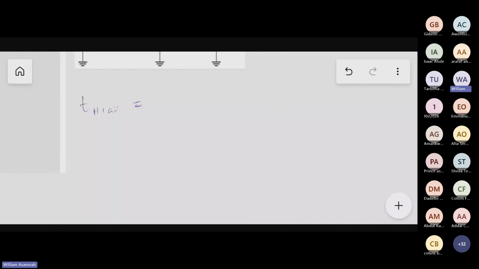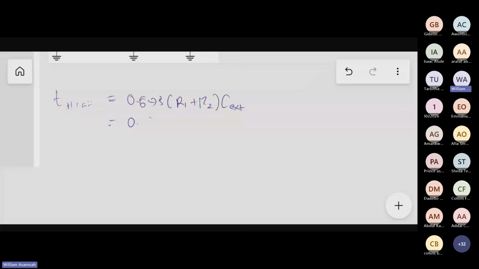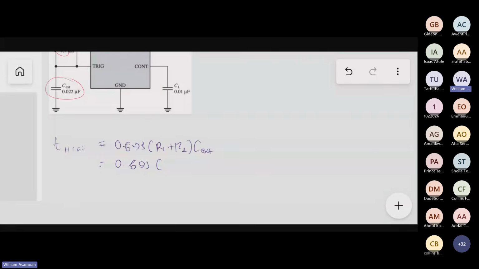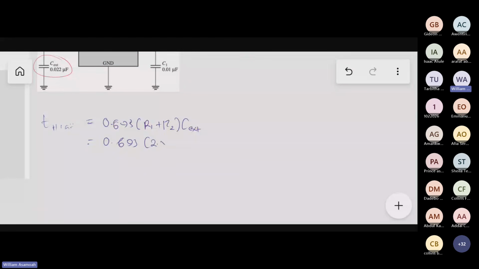So the formula for T high is 0.693 times (R1 plus R2) times C capacitor. And this is going to be equal to 0.693 times R1, which is 2.2K, then R2, which is 4.7K, times the external capacitor, which is 0.022 micro.